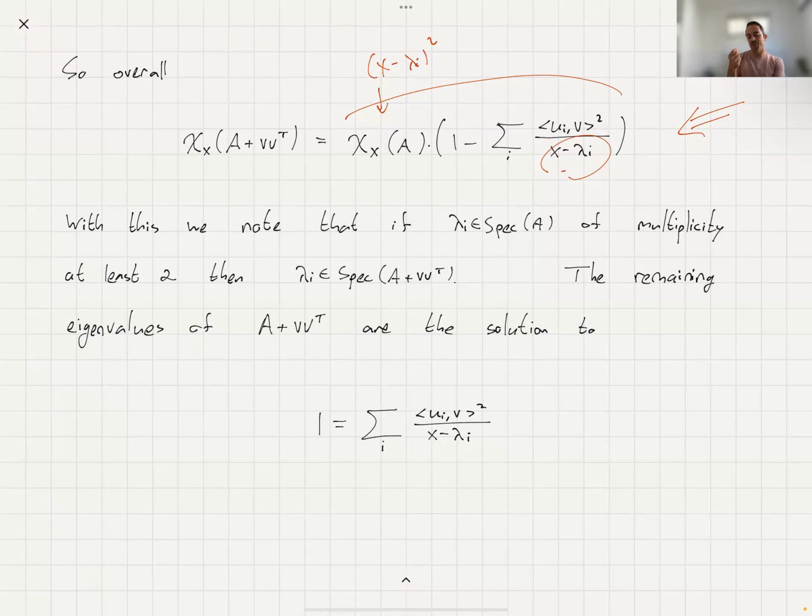So an eigenvalue that appears more than once in A will appear also in A plus VV transpose. And because this is a product, the remaining eigenvalues are exactly those that solve this equation.